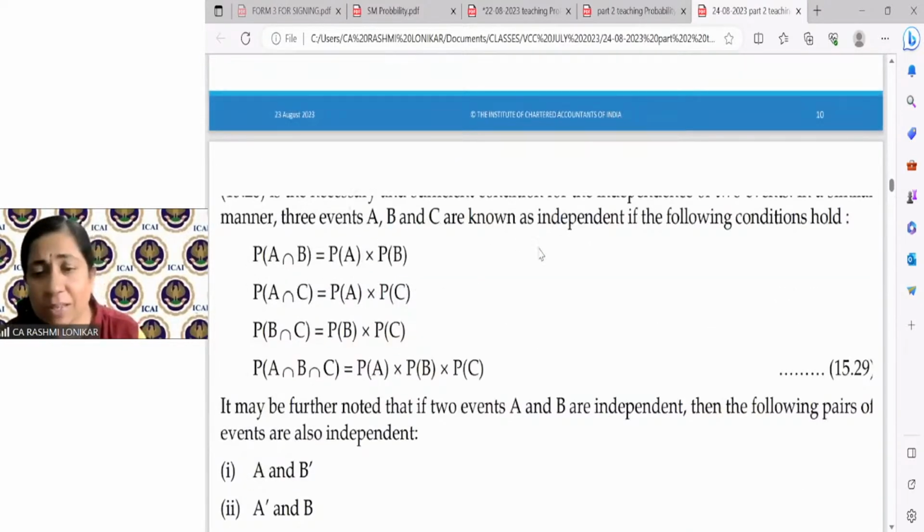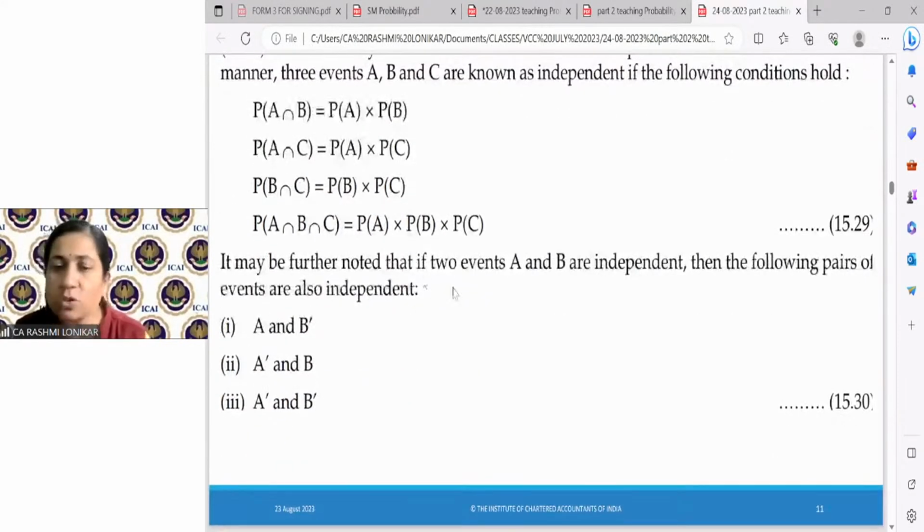If three events A, B, C are known as independent, the following condition holds. P of A intersection B should give you P of A into P of B. A intersection C should give you P of A into P of C, and so on. So P of A intersection B intersection C should give you P of A into P of B into P of C. Also remember that if two events are independent, the following pairs are also independent.